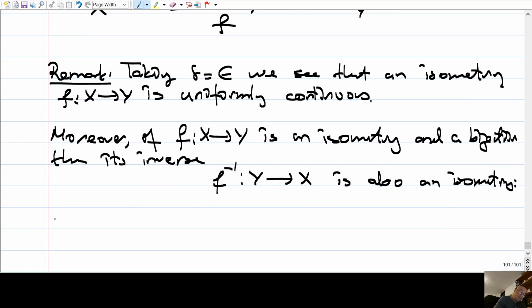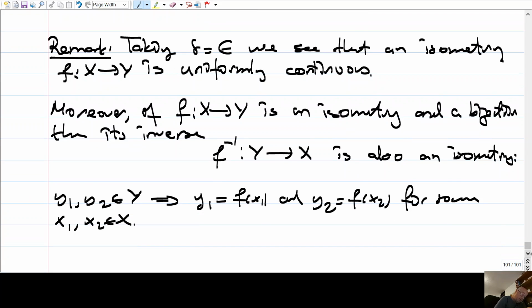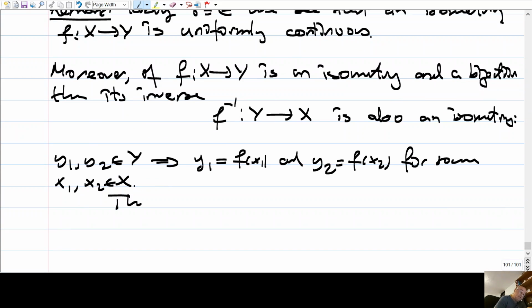Well, whenever I take 2 points y1 and y2 in Y, then since f is a bijection, y1 is f of x1 and y2 is f of x2 for some x1, x2 in X. But then, since f is an isometry, the distance between y1 and y2 is the same as the distance between x1 and x2, because y1 is just f of x1, y2 is just f of x2.